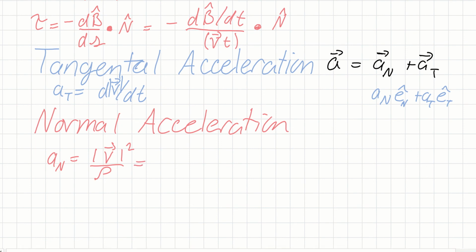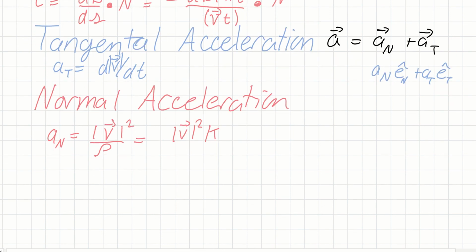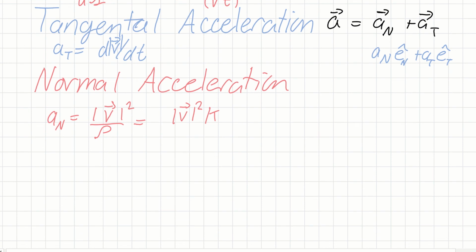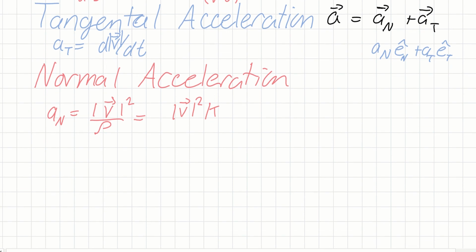And we can also write this as v squared times k, because remember, 1 over rho is k. That's how you can get each of these individually, but then you can put these together.